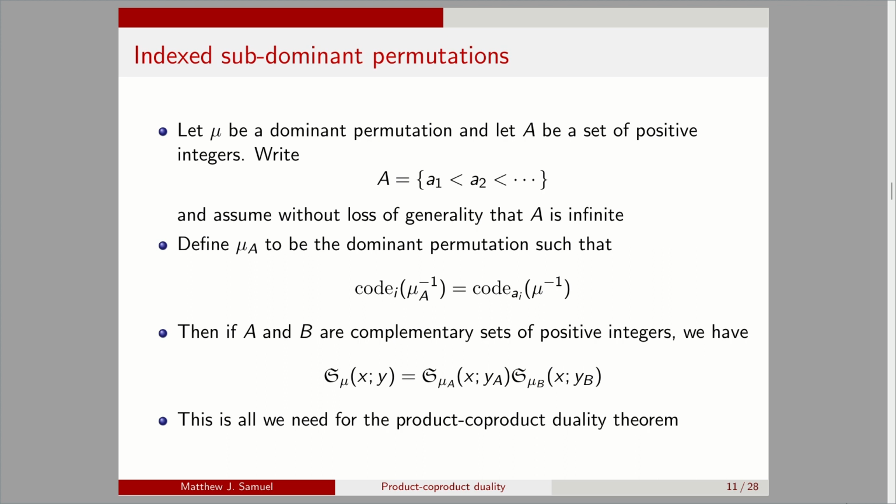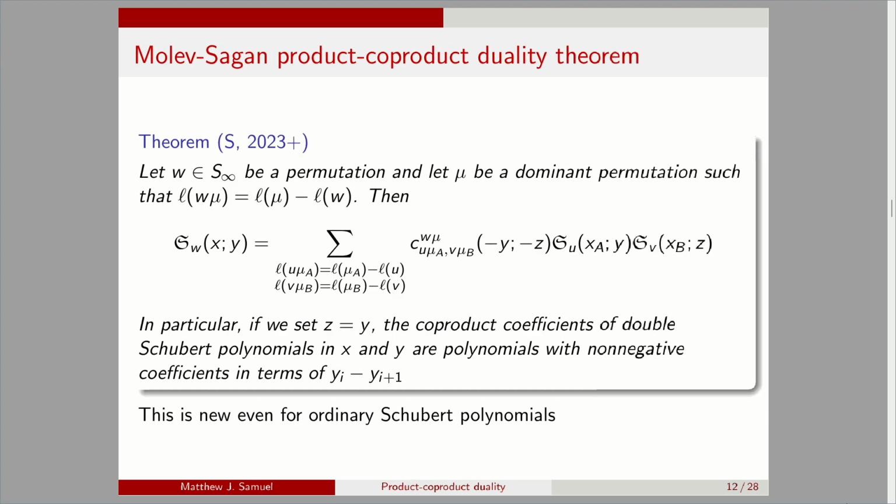Knowing this and everything I've discussed up until now is all we need to introduce the product-coproduct duality theorem. So the theorem is we let w in S infinity be a permutation. We let mu be any dominant permutation such that the length of w mu is equal to the length of mu minus the length of w.